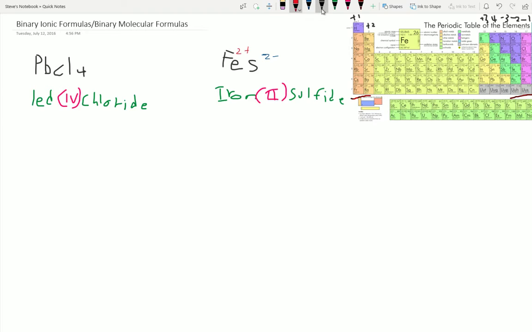Now let's take a name and turn it into a formula. Here we have iron two sulfate.